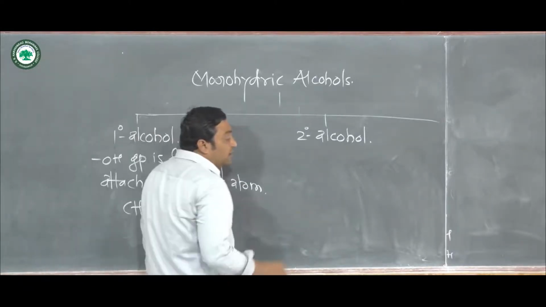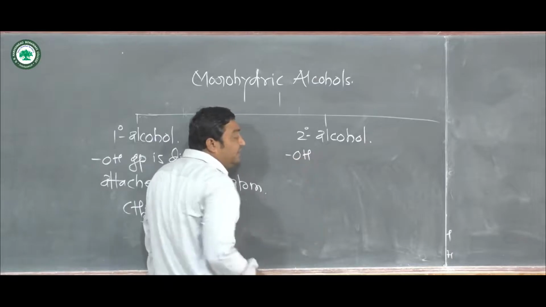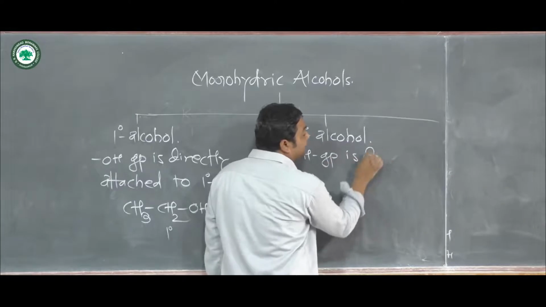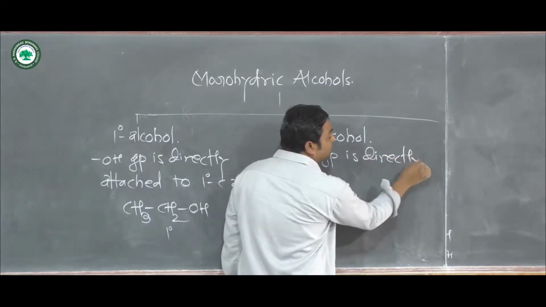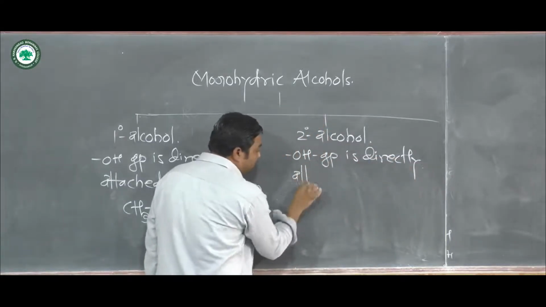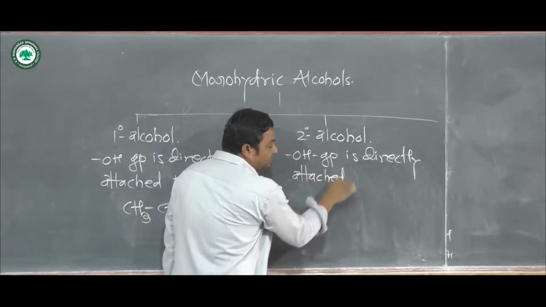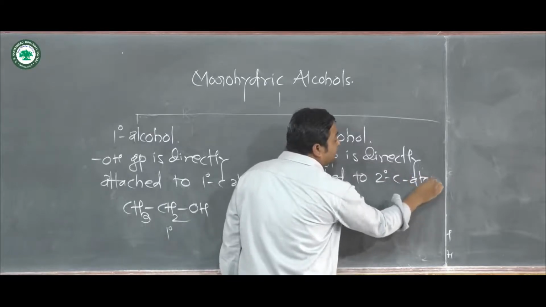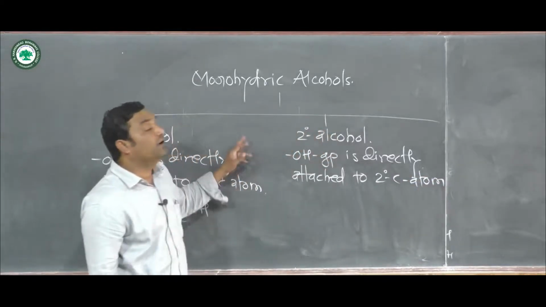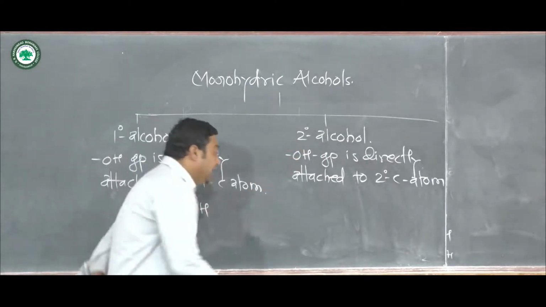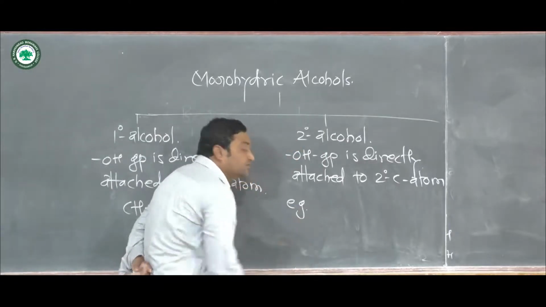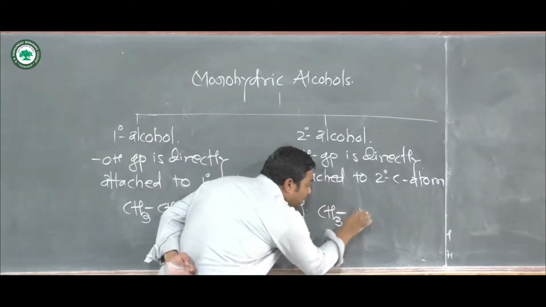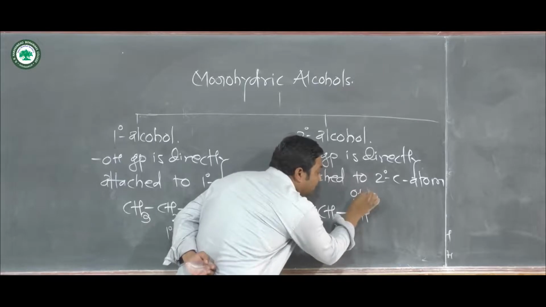Now, if the OH group in case of secondary alcohol is directly attached to secondary carbon atom, then that alcohol is called secondary alcohol. An example of secondary alcohol is 2-propanol, that is CH3CHOHCH3.